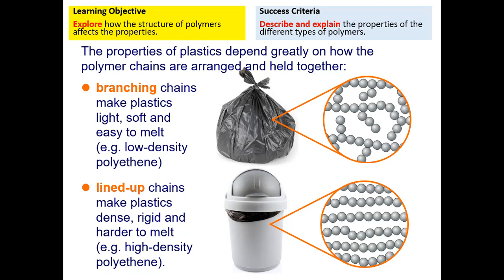Now, all of these are still thermosoftening. The chains are not touching, and they're not attached to each other. They might touch, they might intermingle, but they're not attached in any way. So they're still thermosoftening, they're still easily separated, so the melting points are relatively low, but the lined up chains are slightly higher.